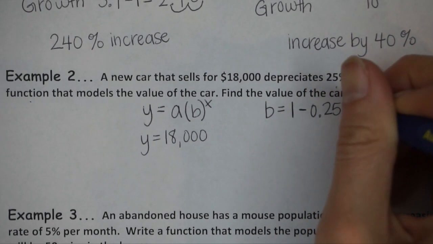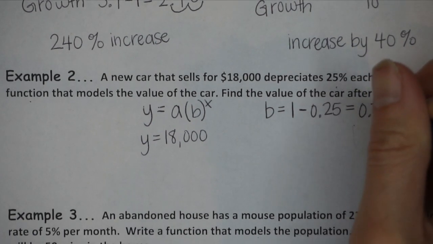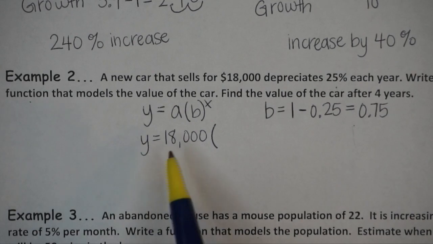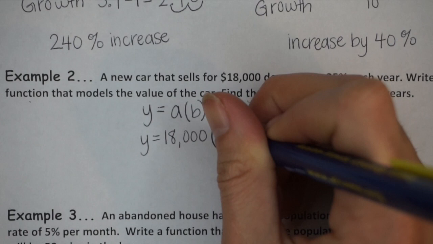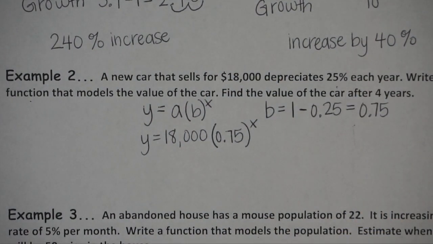Which would leave us, the B value for this one is going to be 0.75. And that's kind of the reverse of what we were doing in those example 1 problems. So writing out the equation, it would be y equals 18,000 times 0.75 to the power of x.